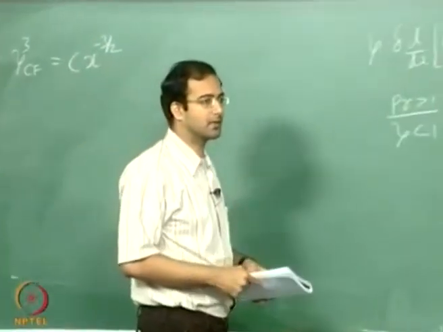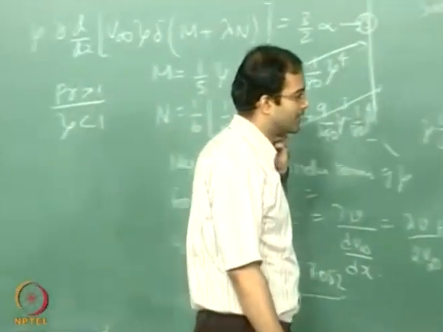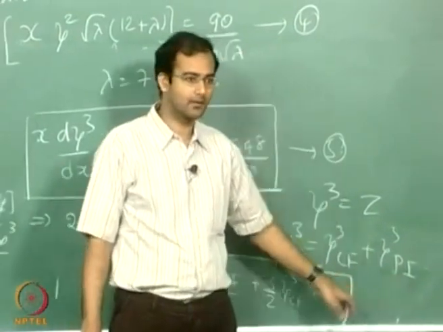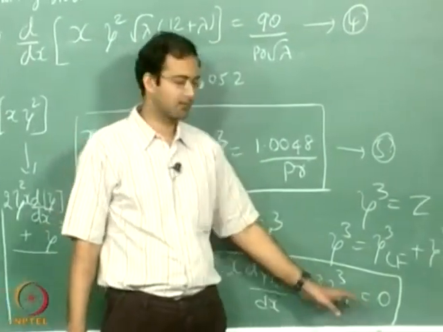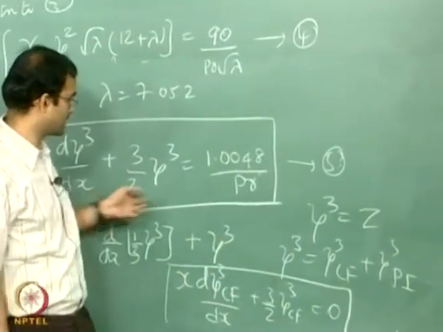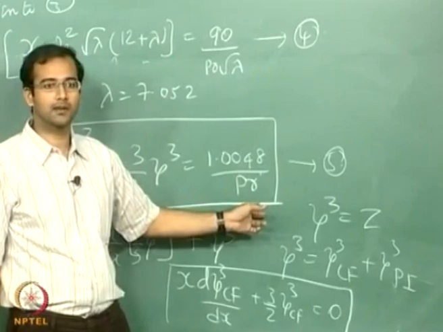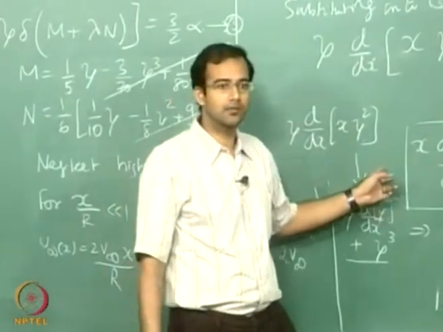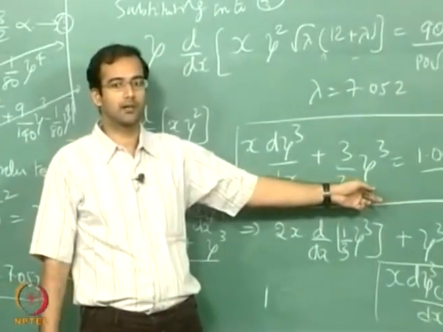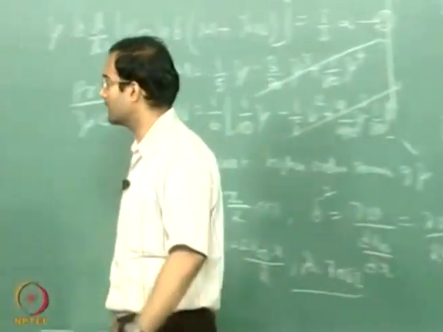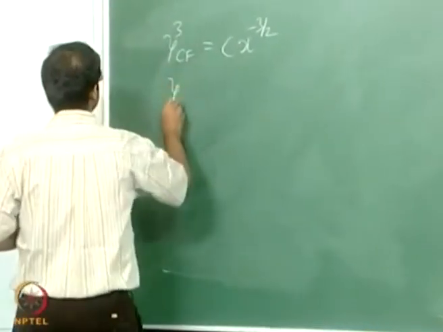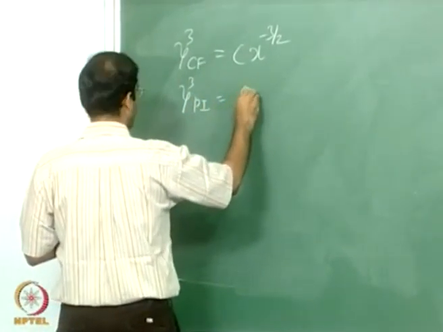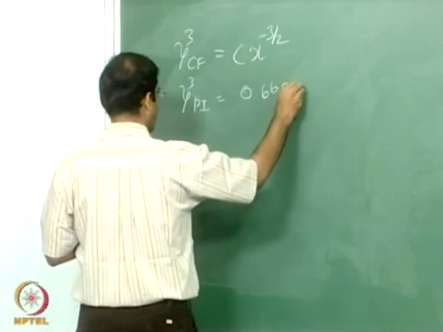So now how do you find the particular integral? You say that this is some zeta complementary function plus zeta particular integral, and you substitute that into the original equation. You already know the solution for the complementary function, so you calculate your particular integral solution from there. If you do that, you will get that the particular integral will be a constant, which will be 0.6699 by PR.